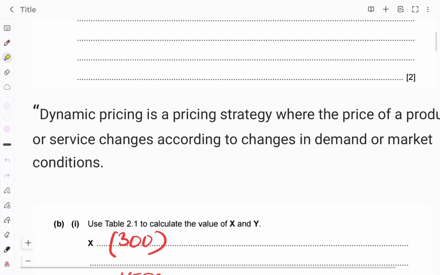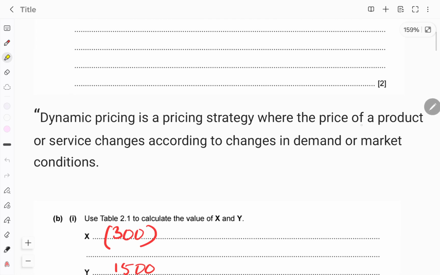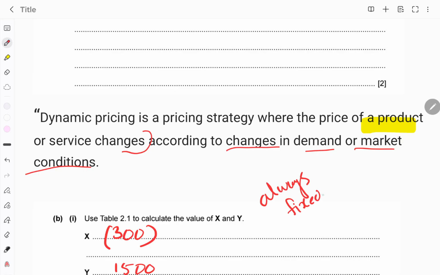So dynamic pricing is a pricing strategy where the price of a product or service changes according to changes in demand or market conditions. In simple words, the price is not always fixed.